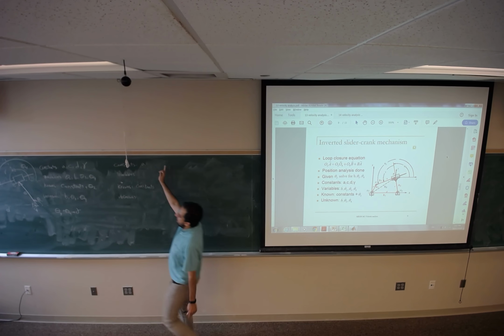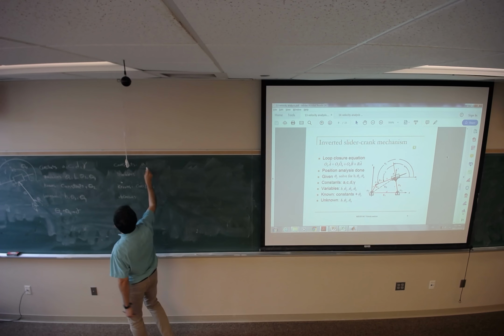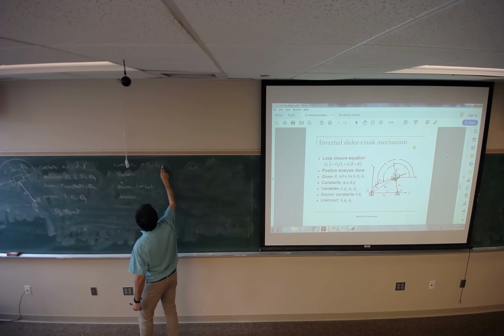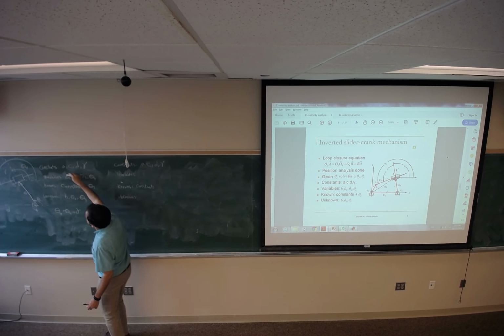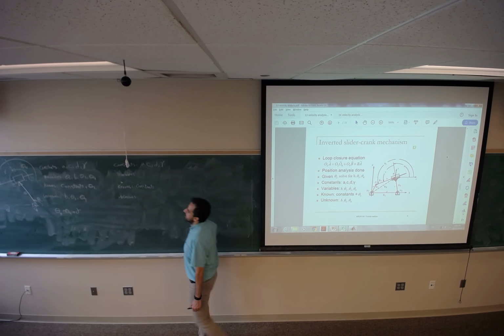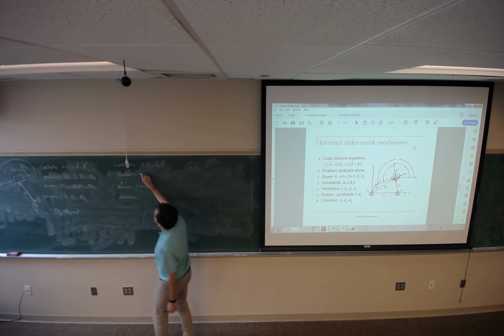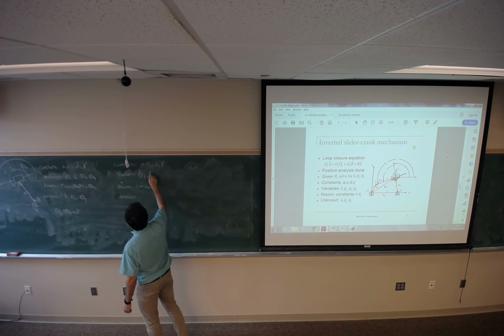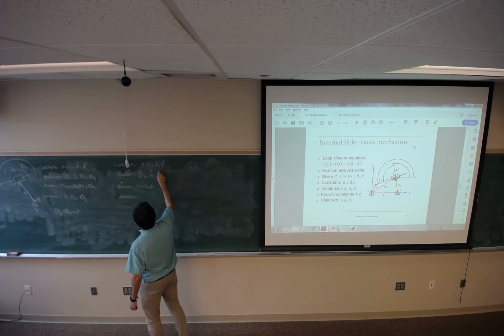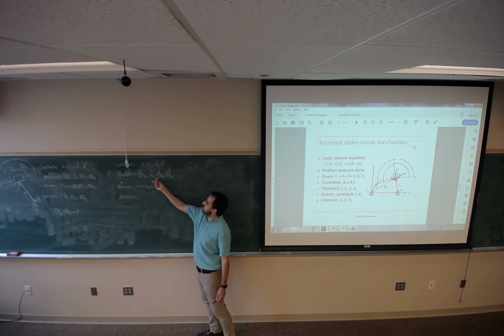In velocity analysis, the constants would be the same, A, C, D, and gamma. Variables, whatever variables are there, just put a dot on top of that. Theta dot 2, B dot, theta dot 3, and theta dot 4. Omega 2, omega 3, omega 4, and the speed of the slider.